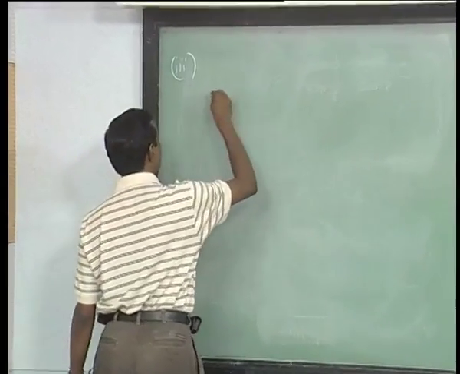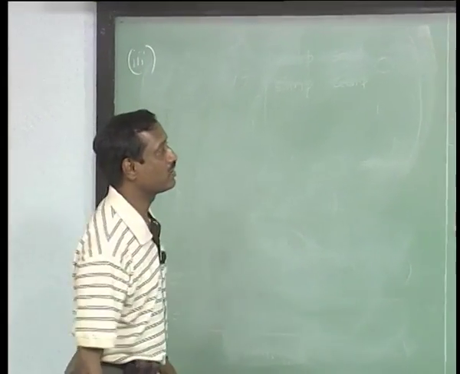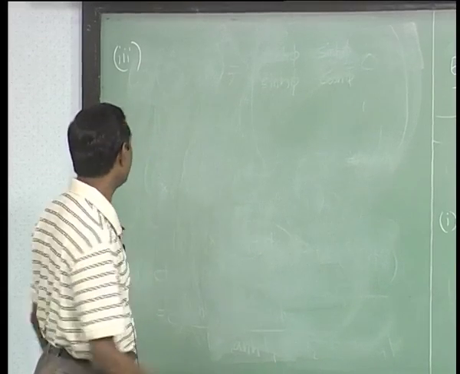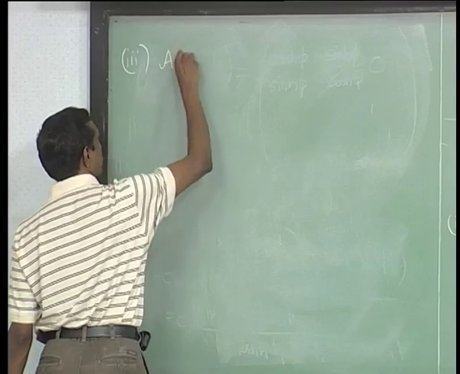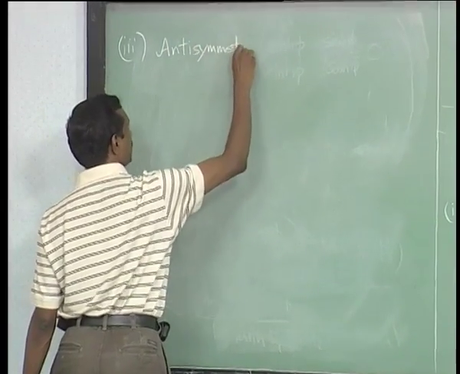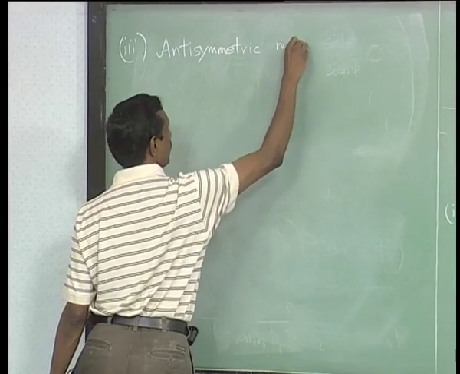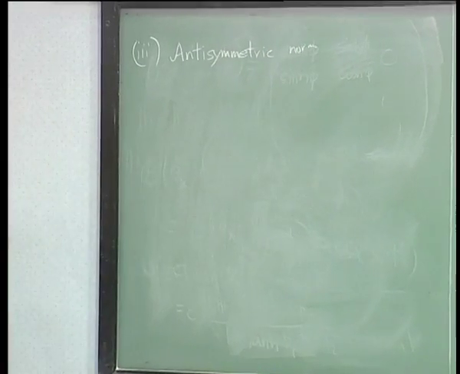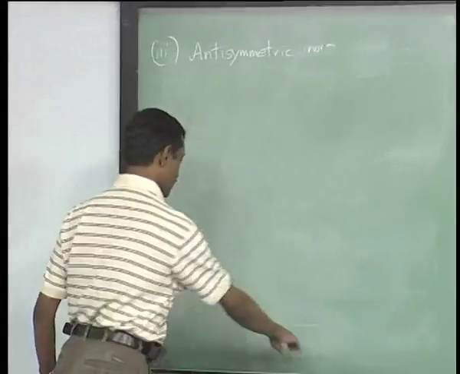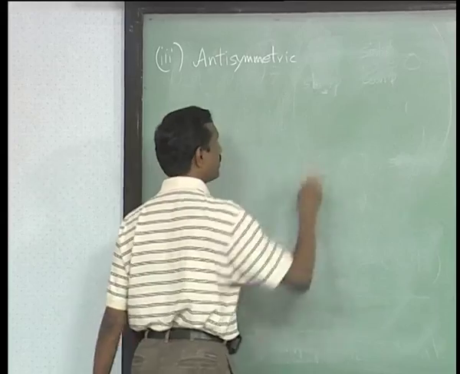Now, the third one is instead of looking at norms, you look at antisymmetric objects. I will just call it an inner product.